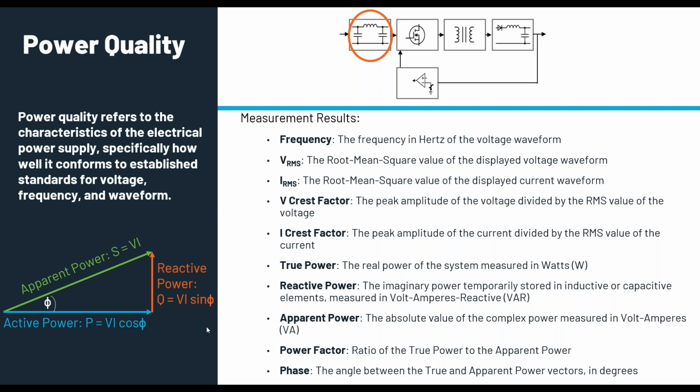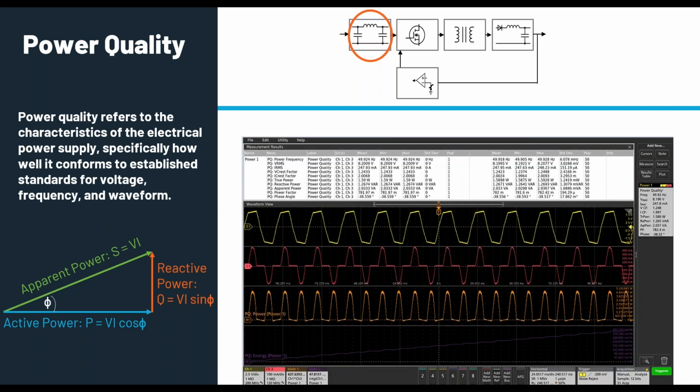So if you go to the next slide, Bill, we have our software which shows all these measurements, automatically finding them from the waveforms. You can see channel 1 and channel 3 are the voltage and current waveforms, and the math one is the power waveform, and there's an energy waveform computed also, and you get to see all the power quality measurements listed here.